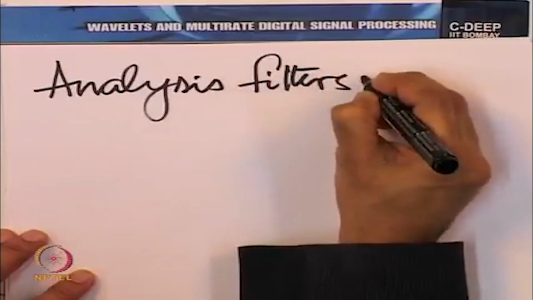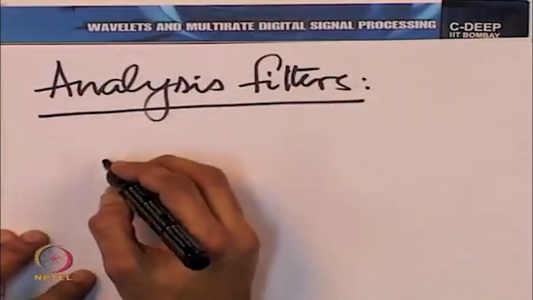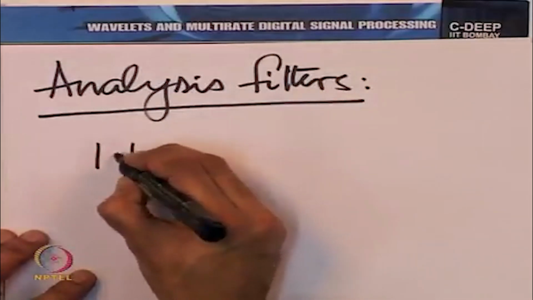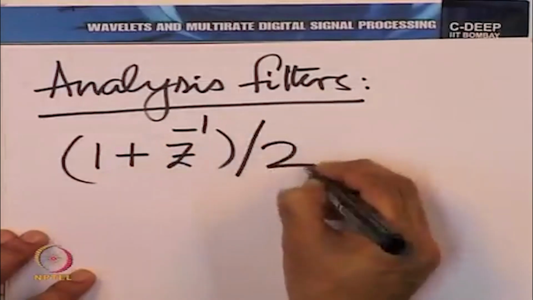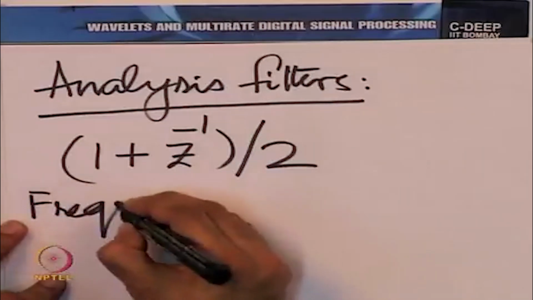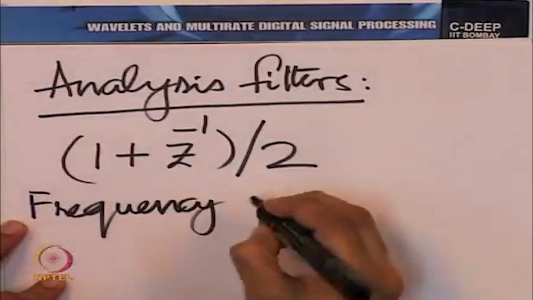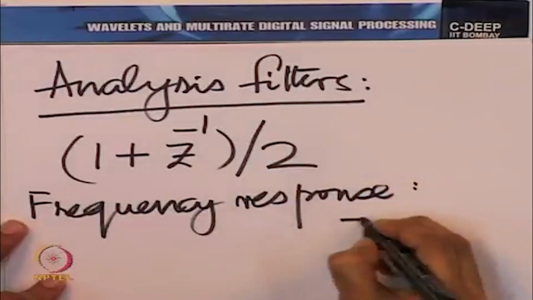Both of them have a frequency response, obviously. Let us take the filter (1 plus z inverse) by 2 and look at its frequency response. Of course, we obtain the frequency response by substituting z equal to e raised to the power j omega.